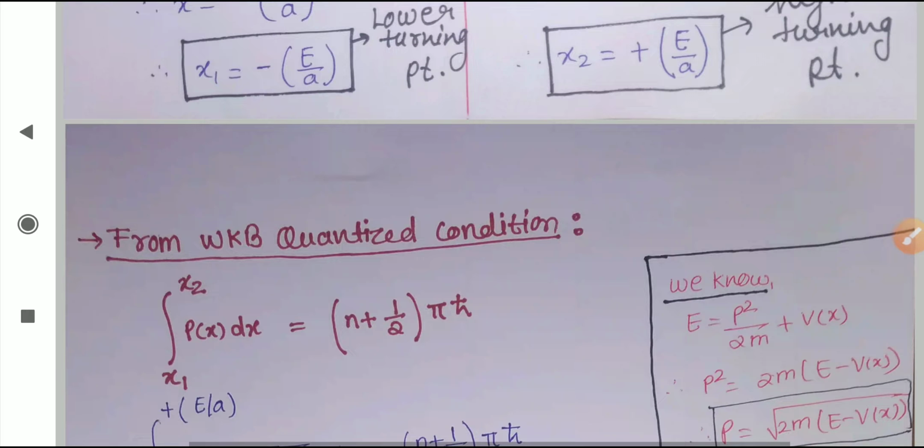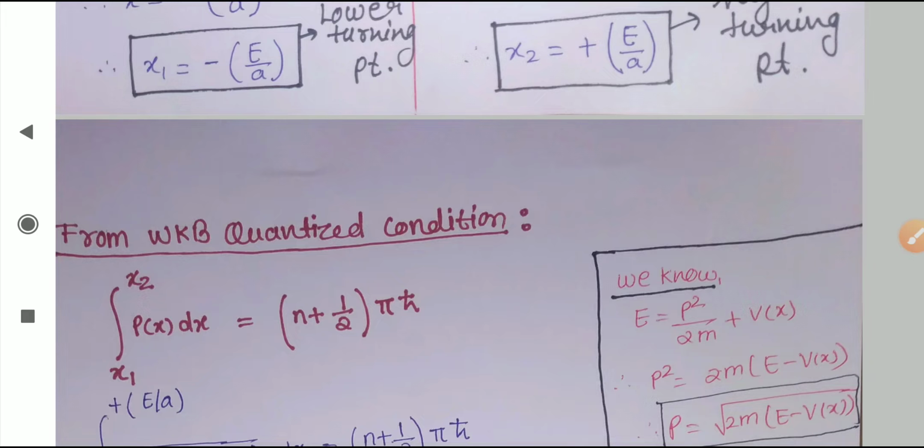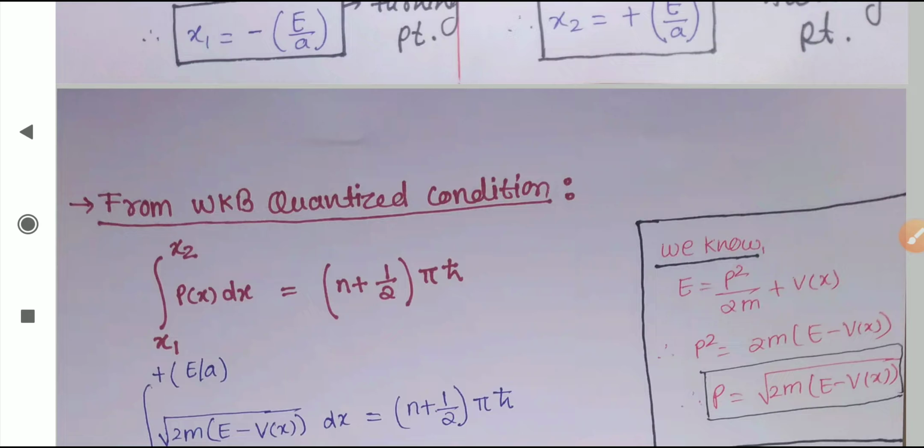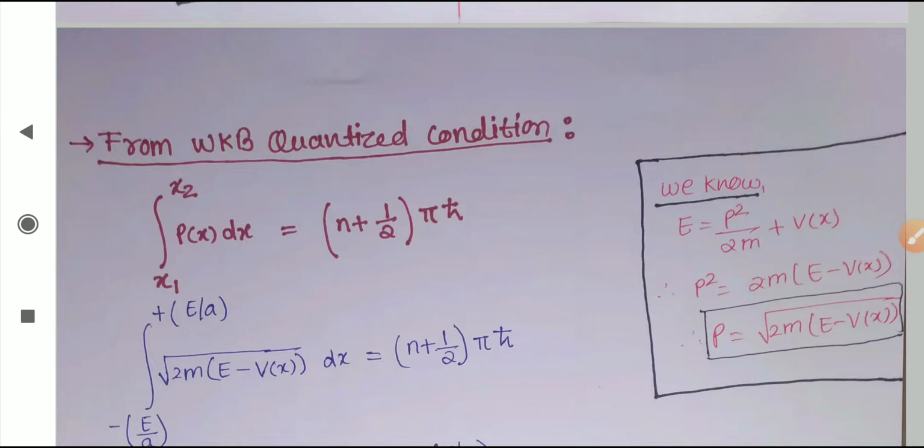Once we have the lower and higher limits, we will use the WKB quantization condition to solve further. You are aware of the WKB quantization rule: the integral from x1 to x2 of p of x dx equals n plus 1/2 of pi h cross. Now we will substitute the values.